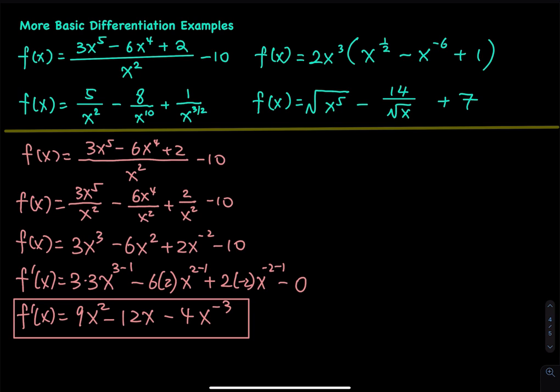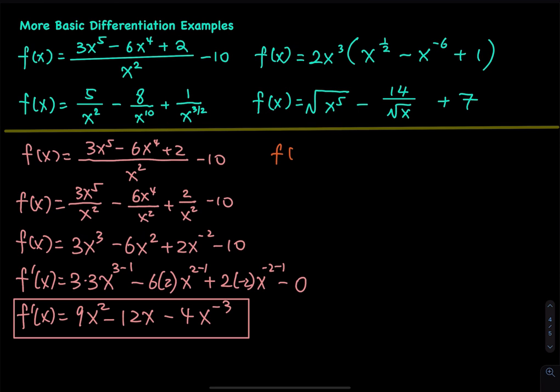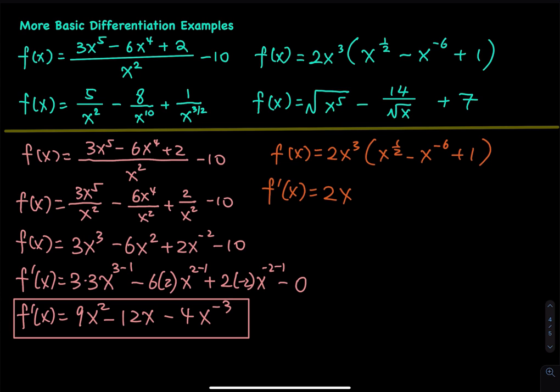And then the next one, we have f of x equals 2x to the third. So that one we have to do a distribution. So f of x equals 2x to the third times x to the 1/2 minus x to the negative 6 plus 1. So let's do a distribution. That is 2x to the 3 plus 1/2, right?